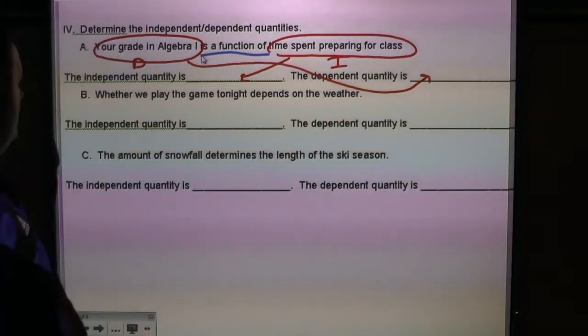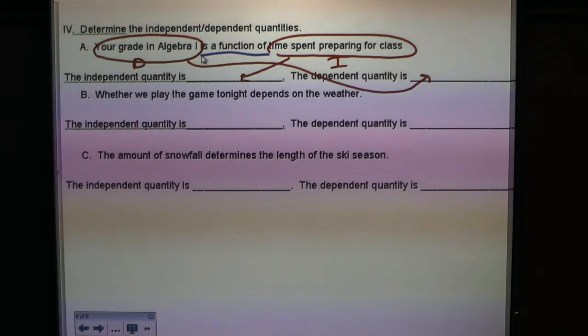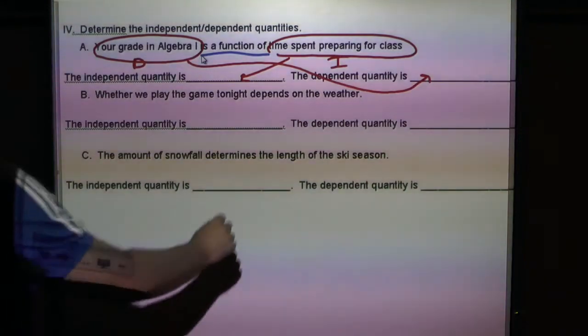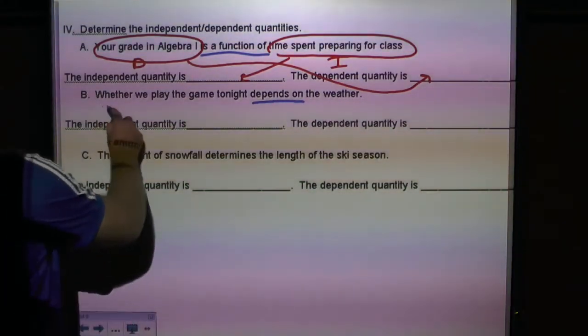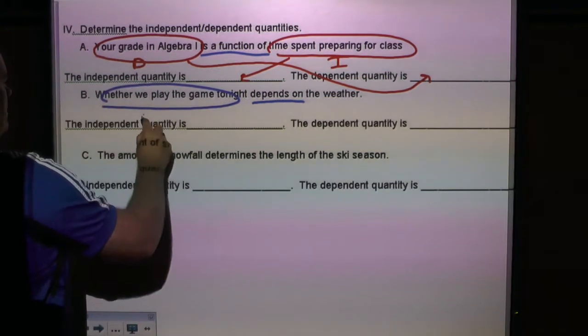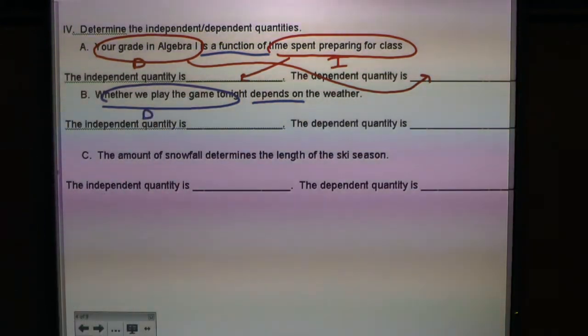When we look at the next one, whether we play the game tonight depends on the weather. Well, if you look at what we did on the previous section, the depends on statement is the same as is a function of. So what that means is, whether we play the game tonight is your dependent quantity. The dependent depends on the independent.